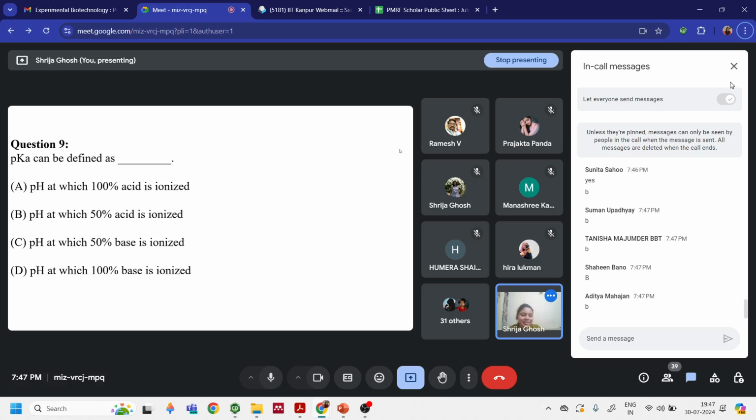Okay. So we have the answer B, option B. pH at which 50% acid is ionized. So pKa can be defined as the pH at which 50% acid is ionized. That is the correct answer.